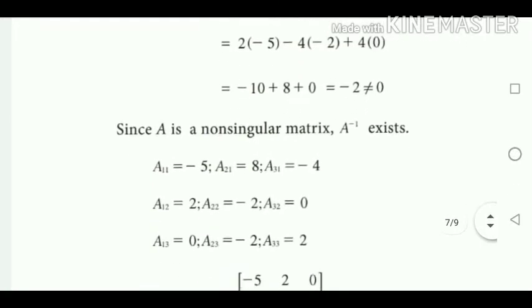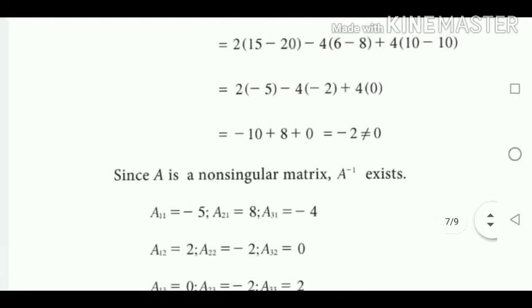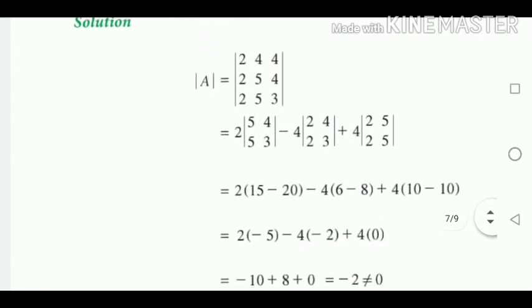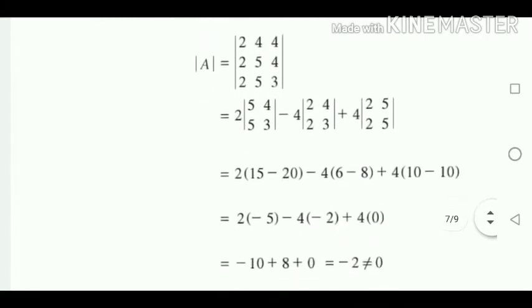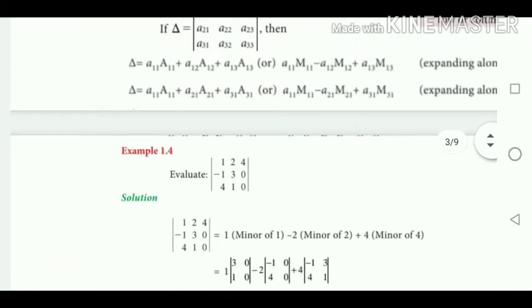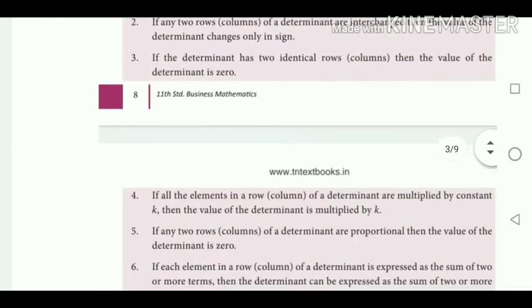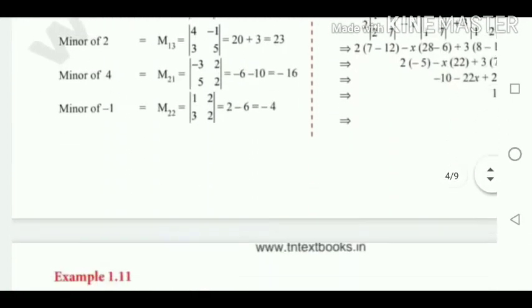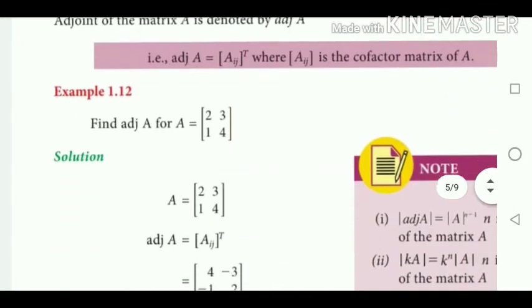Already you know how to find the adjoint of A. A11 is deleting the first row, first column, you are getting [5 4; 5 3]. 5 3s are 15, 15 minus 20 is minus 5. You write that value here, minus 5.